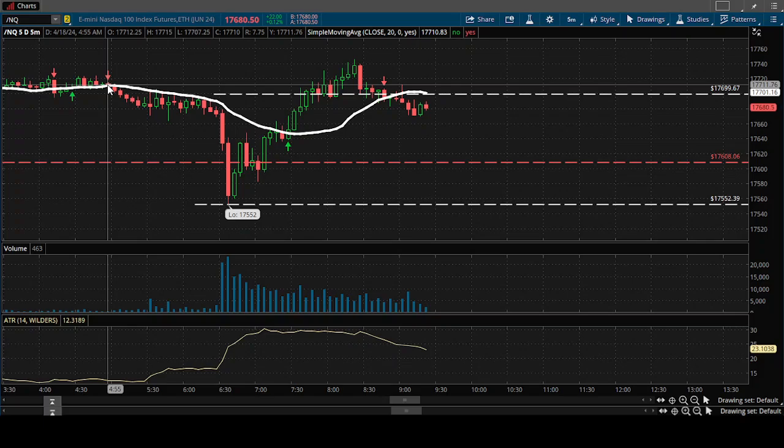So around an hour and a half before the market even opened, we were already in an active 20 SMA play. Now, for some of you guys that are in different time zones, great. Maybe it's 7 a.m., maybe it's 8 a.m., maybe it's 6 a.m., maybe it's a little bit later in the day. But for me personally, I'm not up and I'm not watching the screens at 4 o'clock in the morning.